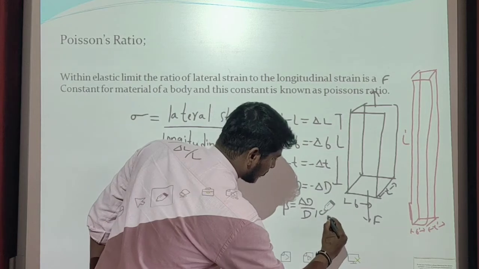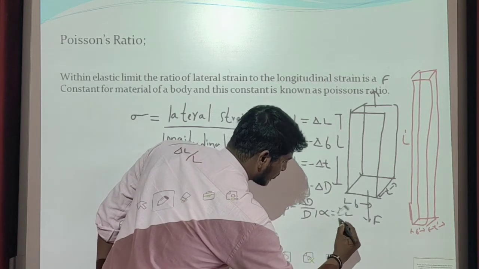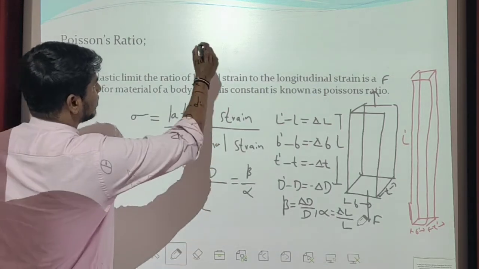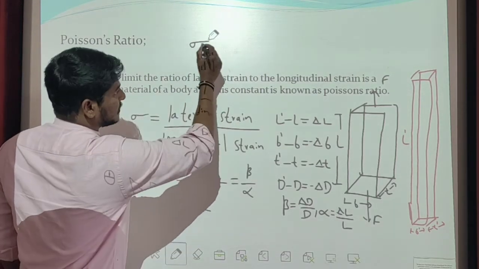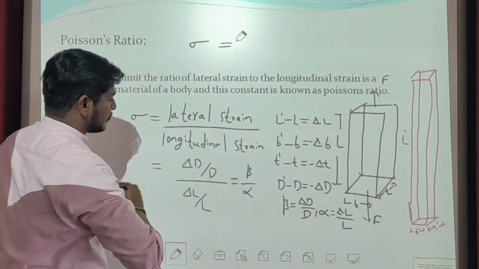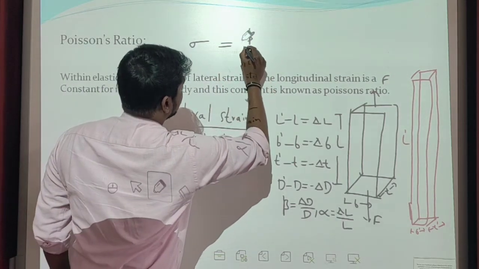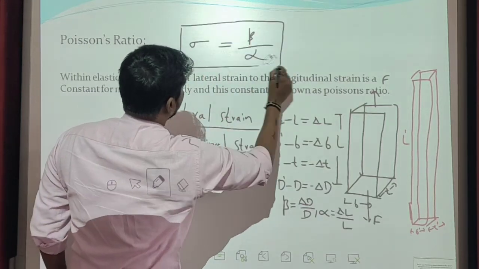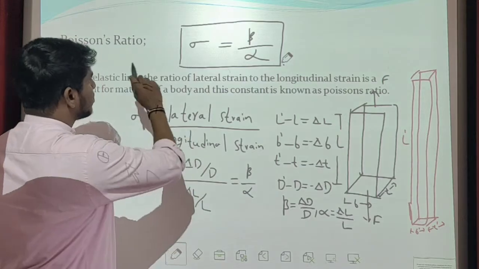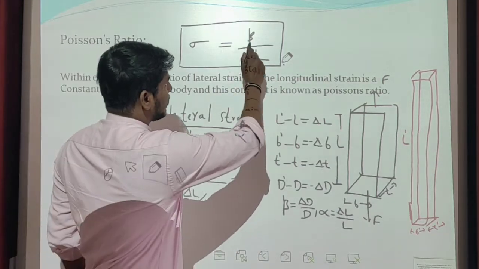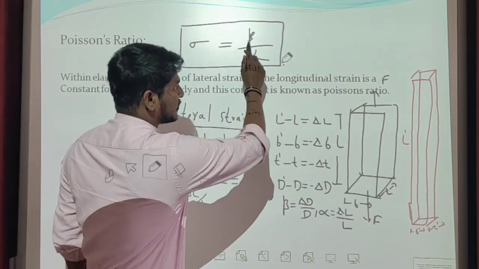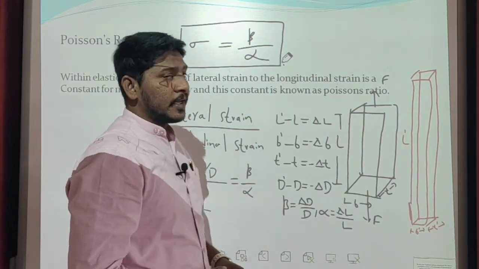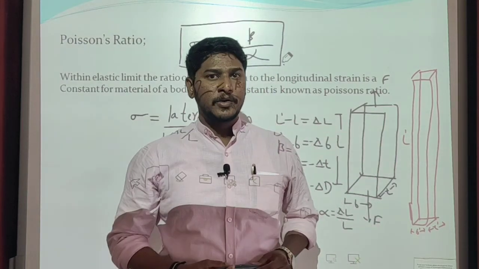So finally, Poisson's ratio sigma is equal to beta by alpha. This is the equation for Poisson's ratio, where beta is the lateral strain and alpha is the longitudinal strain. This is all about Poisson's ratio.